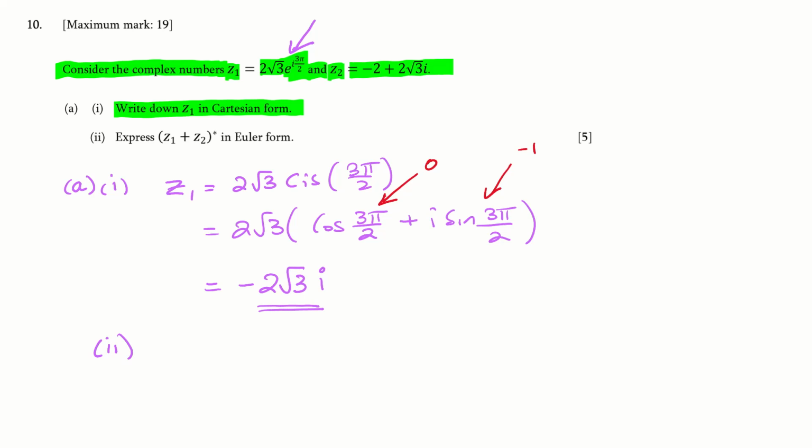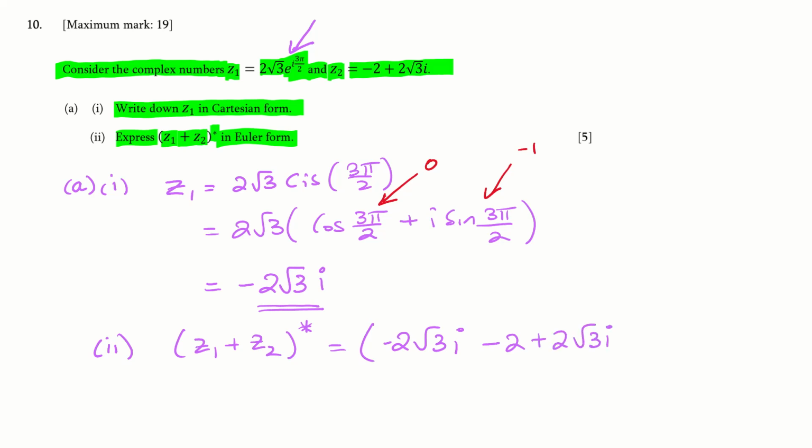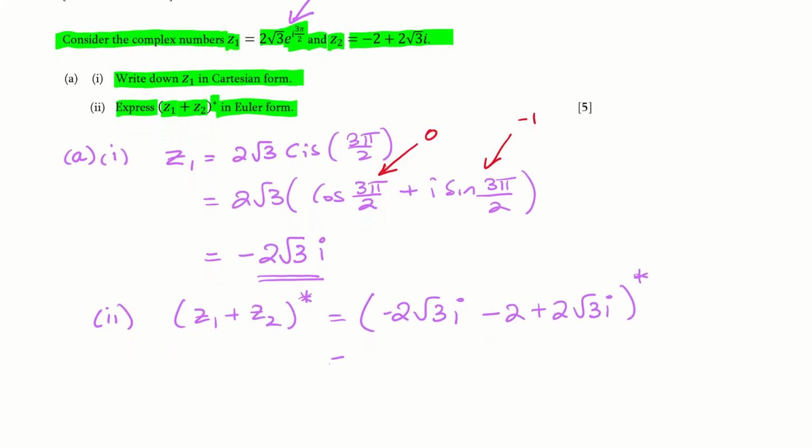Now for part 2, which says express Z1 plus Z2 star, that's the conjugate, in Euler form. Well, Z1 plus Z2 star is going to be negative 2 root 3 i, take away (2 plus 2 root 3 i) star, which is just negative 2 star.